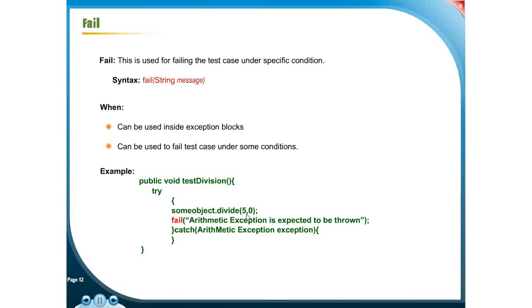When 5 is divided by 0, definitely an exception occurs, right? So here we are failing this test case when 0 is given as the second argument for divide, fail with arithmetic exception, with this message.